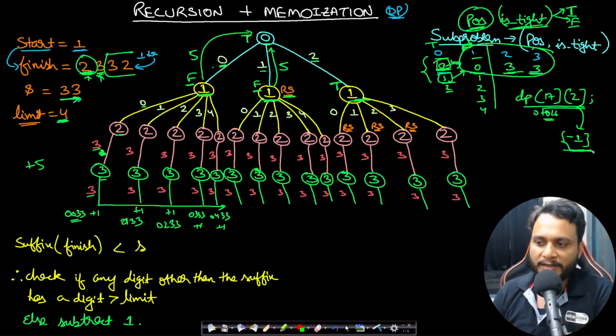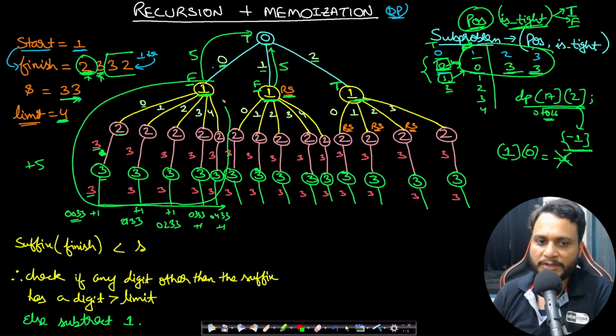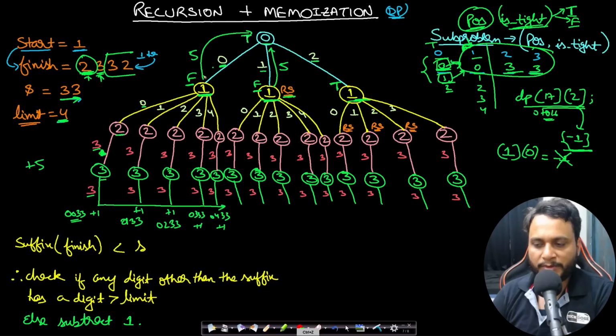So if I want to get the solution for the subproblem, let's say position number 1 and the tightness value being false, which is 0, and if it says that it is already -1, this means this is not calculated, and you need to calculate it. The first time you calculate it, we will be filling up this value with the count, which is 5, and the next time when I see the same subproblem, I will be simply returning 5.